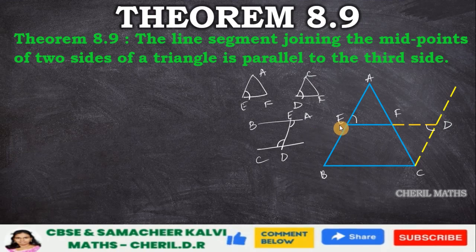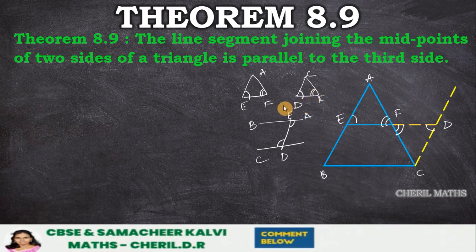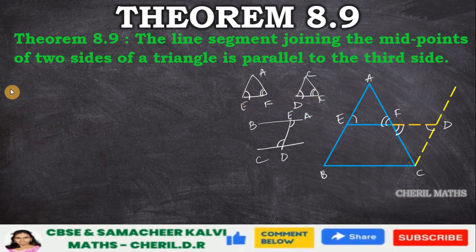So these two angles are equal. Likewise, these two will also be equal. So we can say angle F will be equal to angle F here again. So from this we can say that triangle AEF and triangle CDF are congruent.